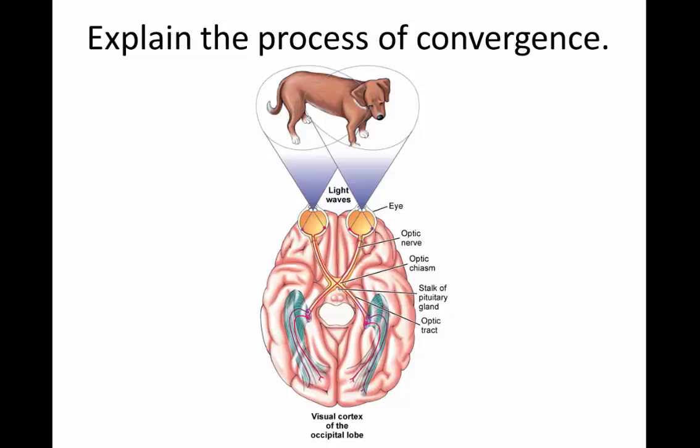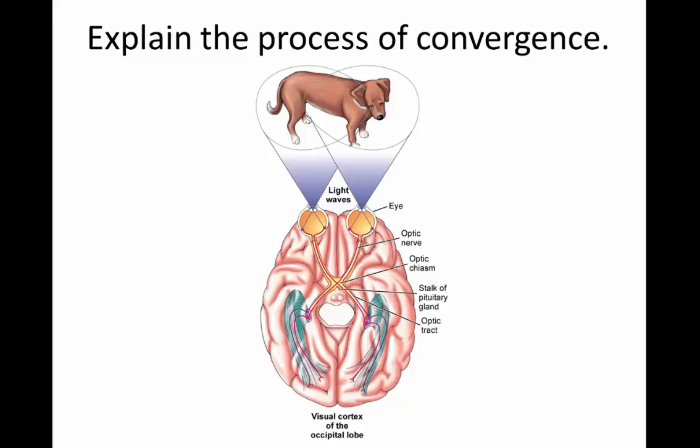Light from the front end of the dog, from its head, will come into our eyes, traveling in straight lines, and will land on the left side of our eyes. So each of our eyes will be gathering the same information, so the right side getting information from the rear of the dog, the left side getting information from the head of the dog.